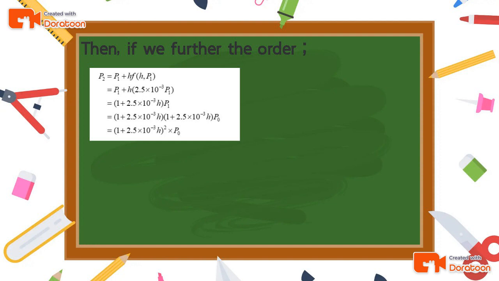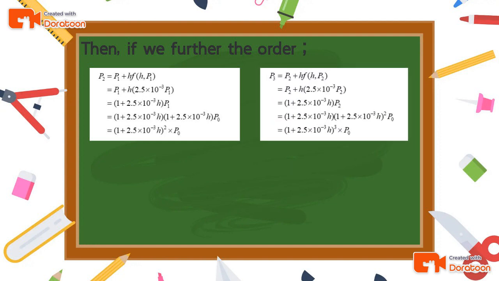Okay, for n = 2, we have P_3 = P_2 + h(2.5 × 10^-3 P_2). Then we simplify and we get (1 + 2.5 × 10^-3 h) P_2.